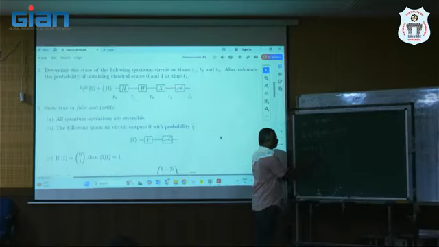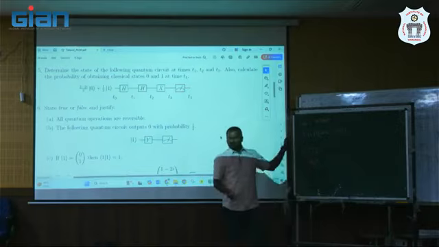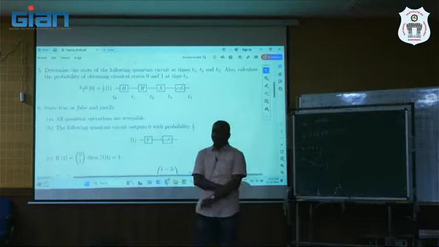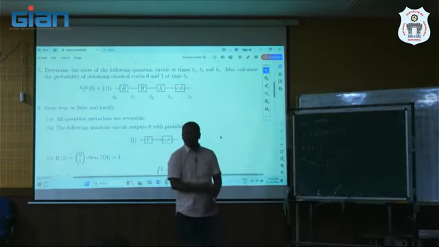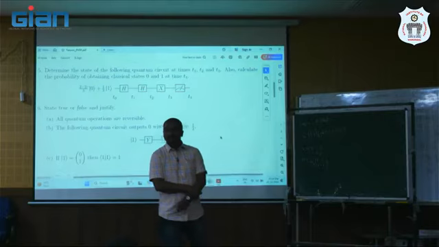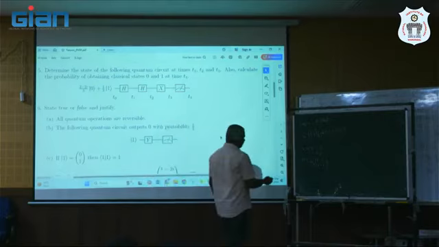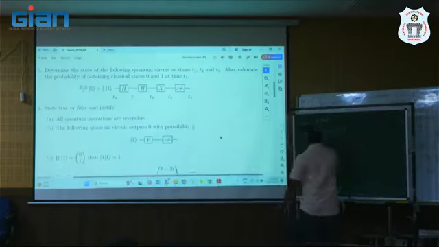0 1 1 0. We also know the matrix corresponding to Hadamard. It is 1 by root 2 times 1 1 1 minus 1. You multiply. Okay, so only the procedure I am telling.